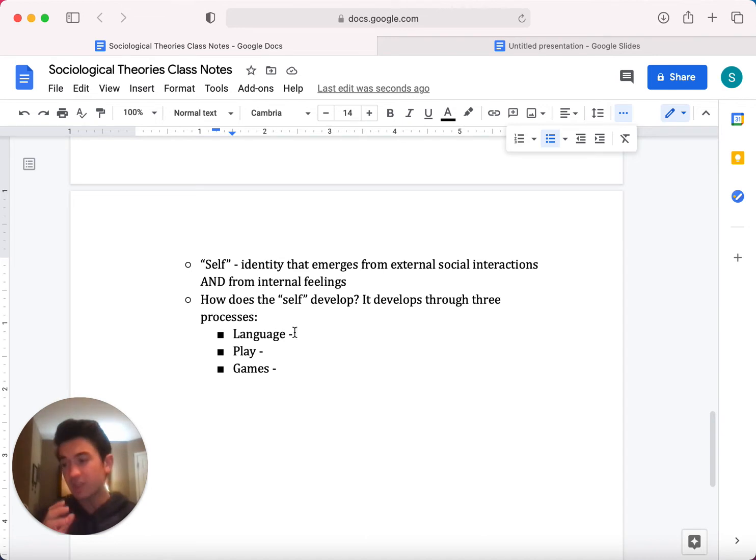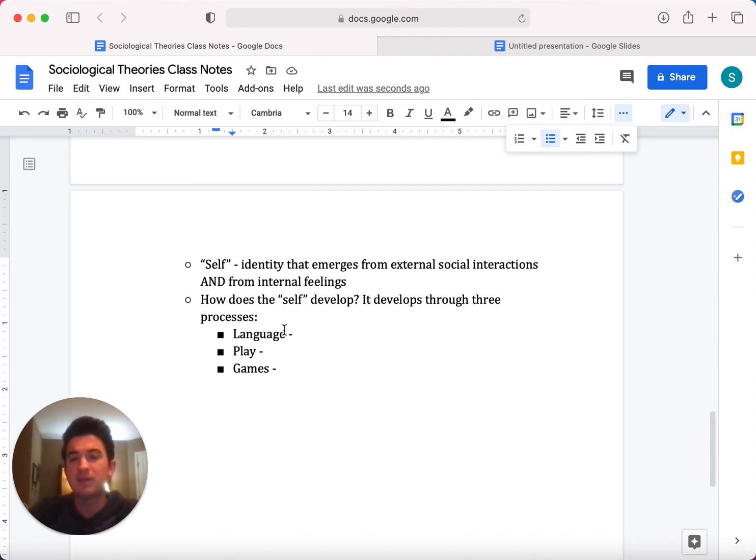But language is really just symbols that we use to communicate, okay? So words are symbols, right? I could think of the word computer, right? If I were to just say the word computer to you, everybody thinks about a computer in their heads, okay? So language is really just a bunch of symbols that we use to represent things in our lives, things that we do. Language is really the most potent example of how we use symbols, okay?